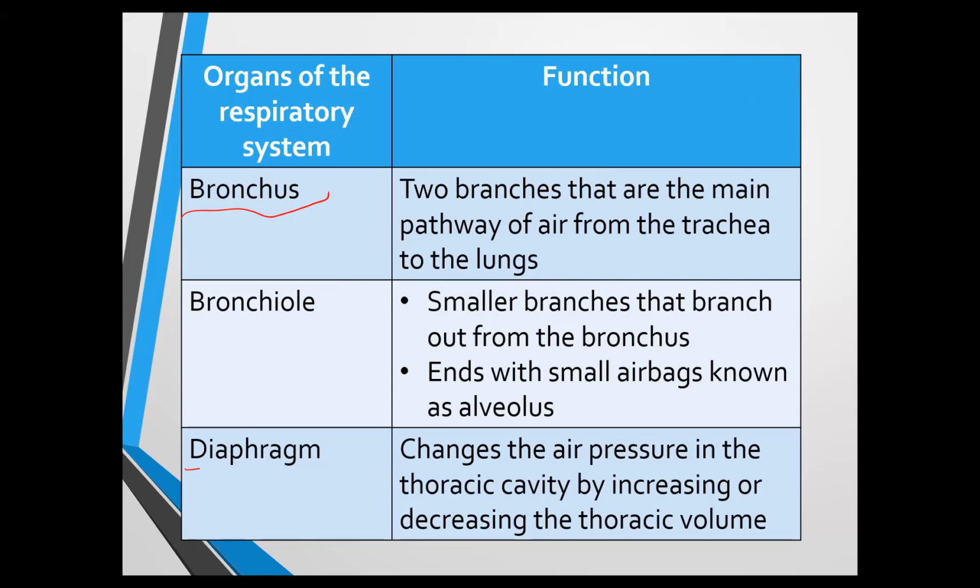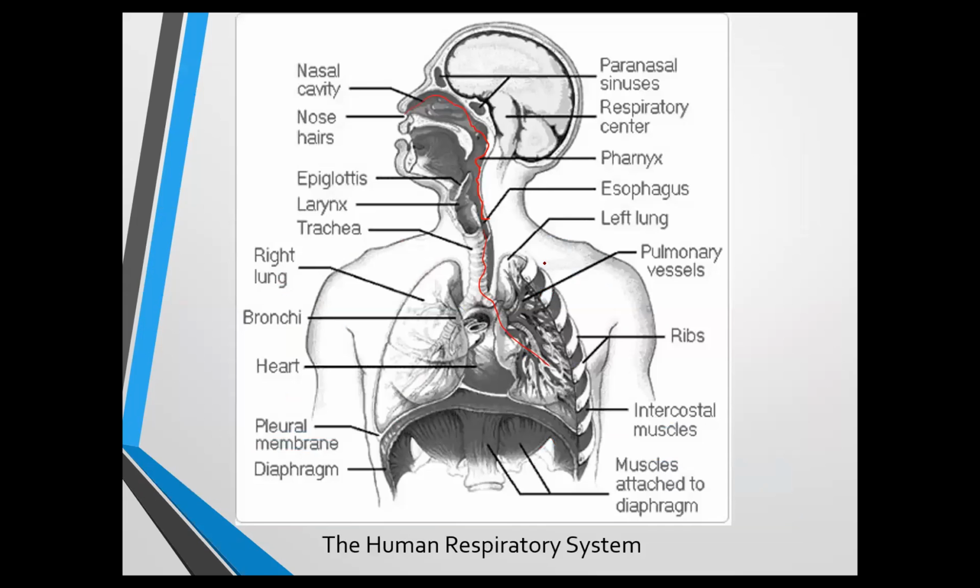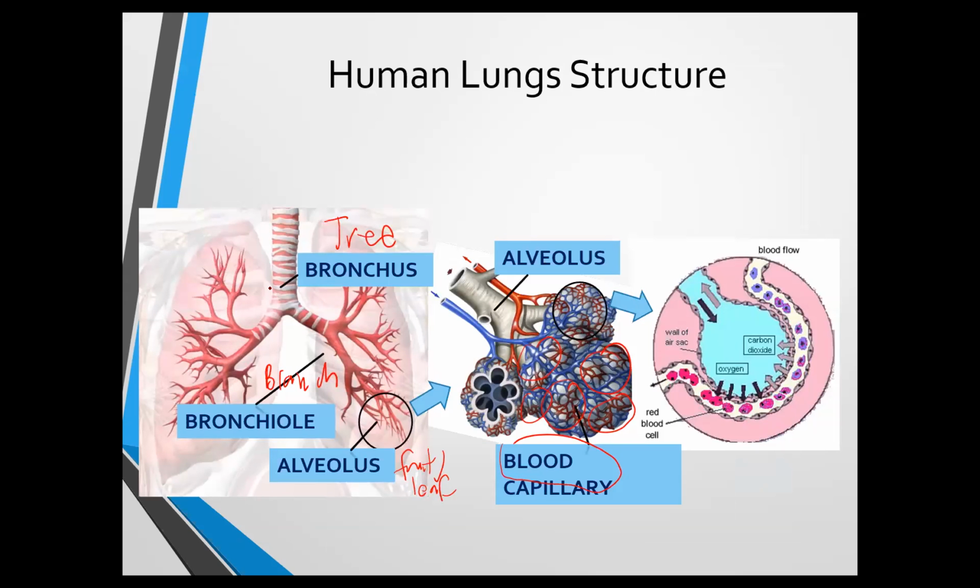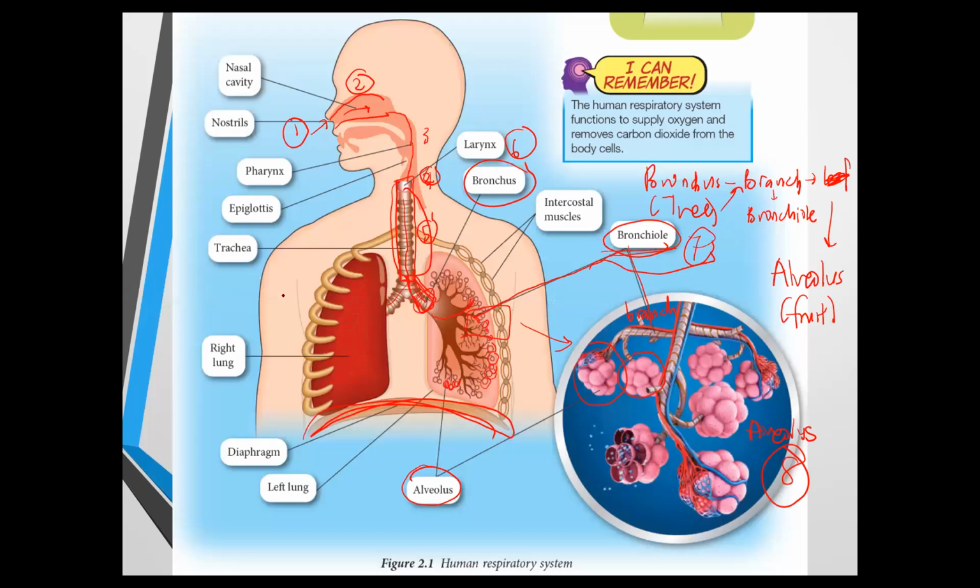Okay, now let's look at the bronchus. I told you about the tree. Now this tree, if you notice, there are two branches of them. They are the main pathway of the air from the trachea to the lungs. So I go back to my picture here. Can you see my bronchus?